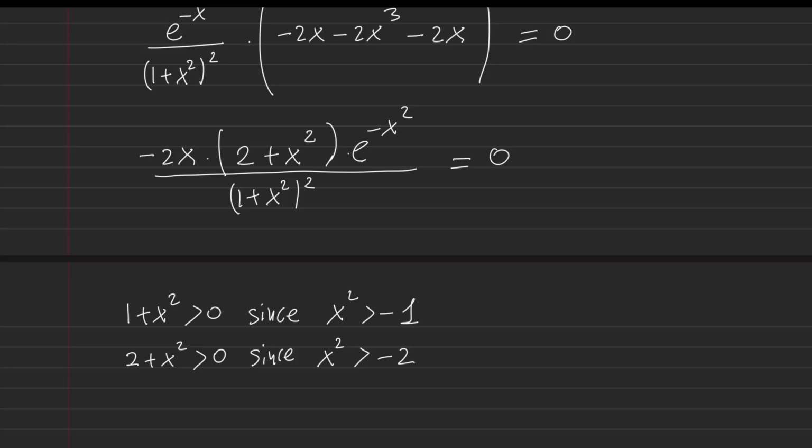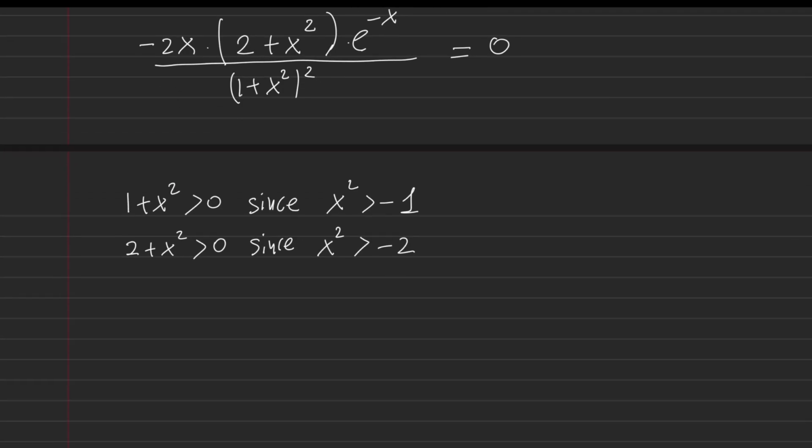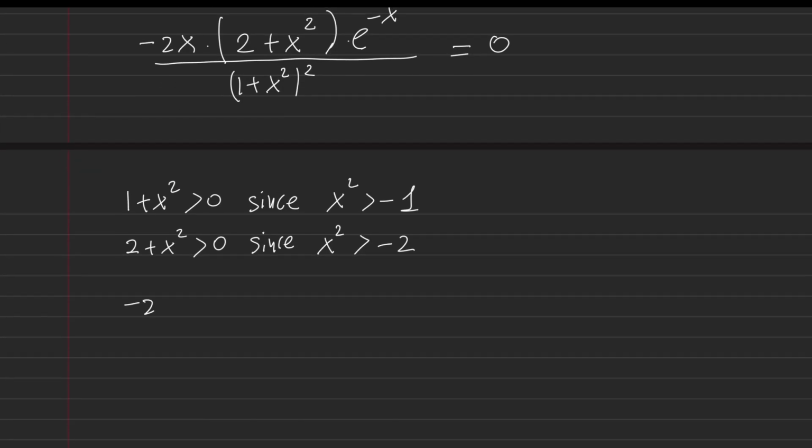So the only term that actually can be 0 is minus 2x, and minus 2x is equal to 0 only if x is equal to 0, which means that x equal to 0 is my critical point.